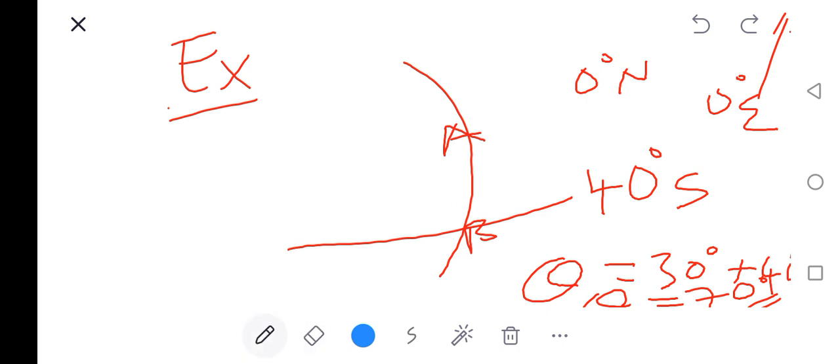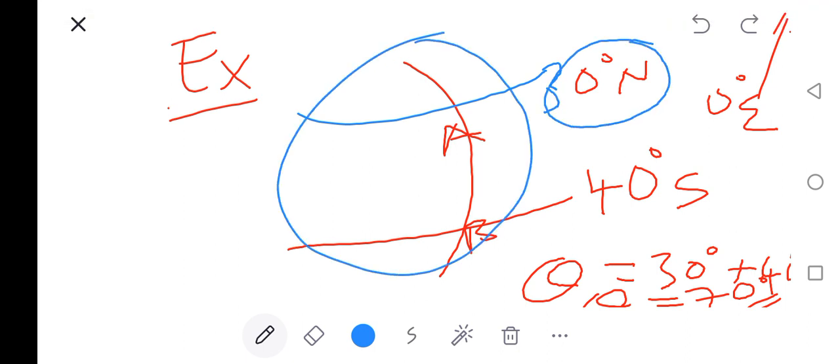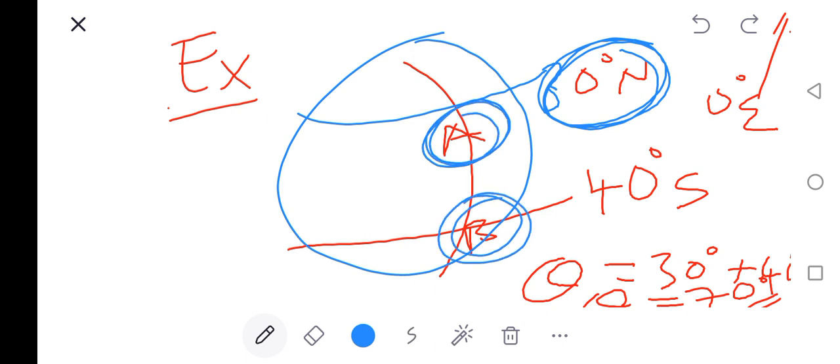This one was 30. So they are saying that point A and B meet, and these are the angles, the 40 degrees and the 30 degrees. So this angle here.